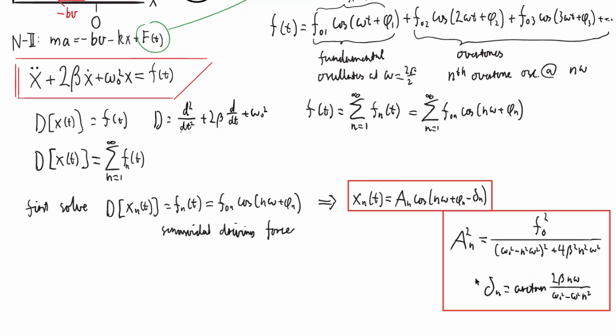So now, because this equation is linear, because this differential operator is linear, we can say that if we sum up all of these solutions together, the differential operator acting on a sum of these will be equal to the sum of all the f sub n's.